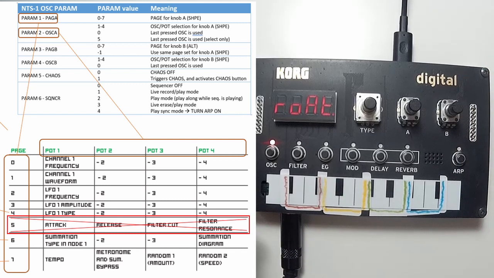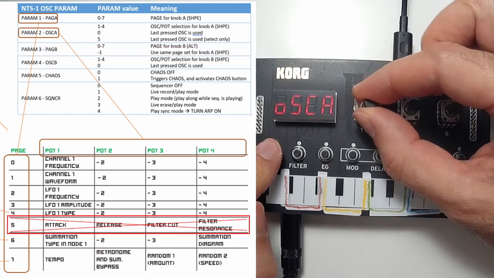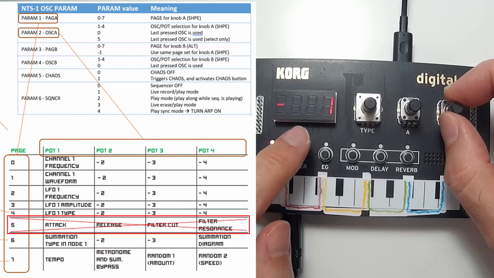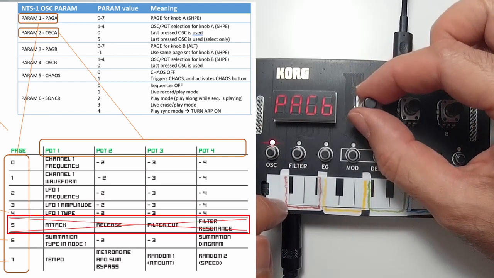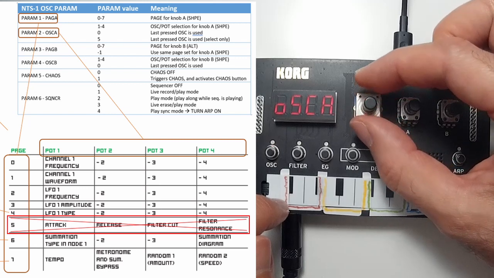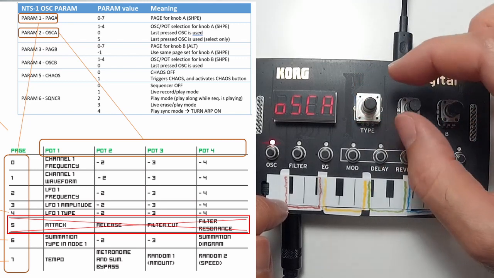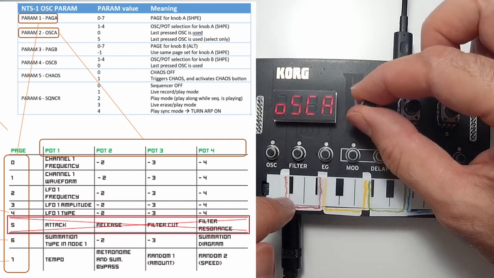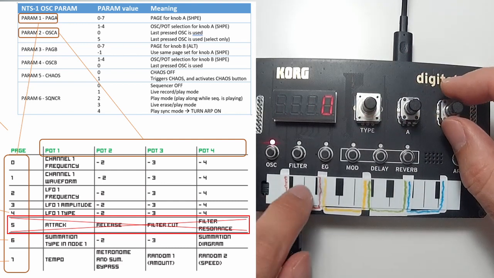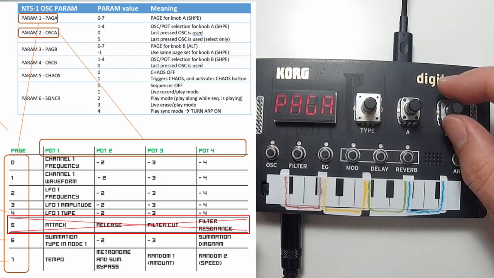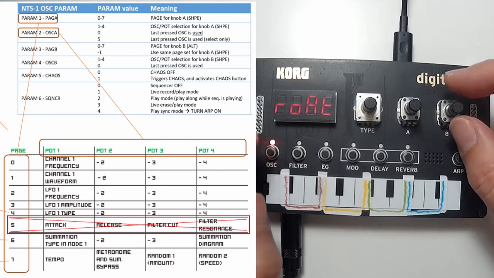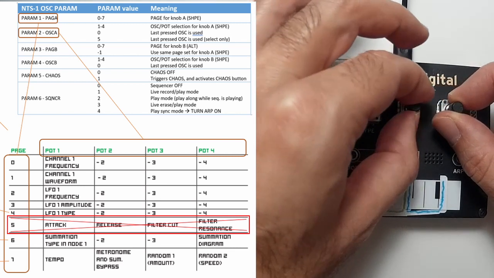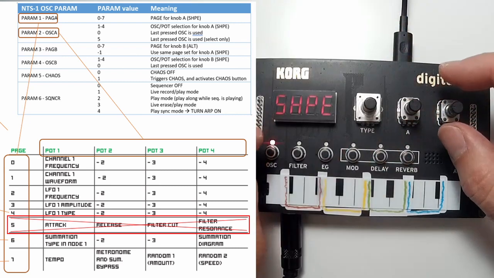You can also use page B to follow page A, but on a different oscillator. Then you will select page A, for instance, change shape, and all change shape.